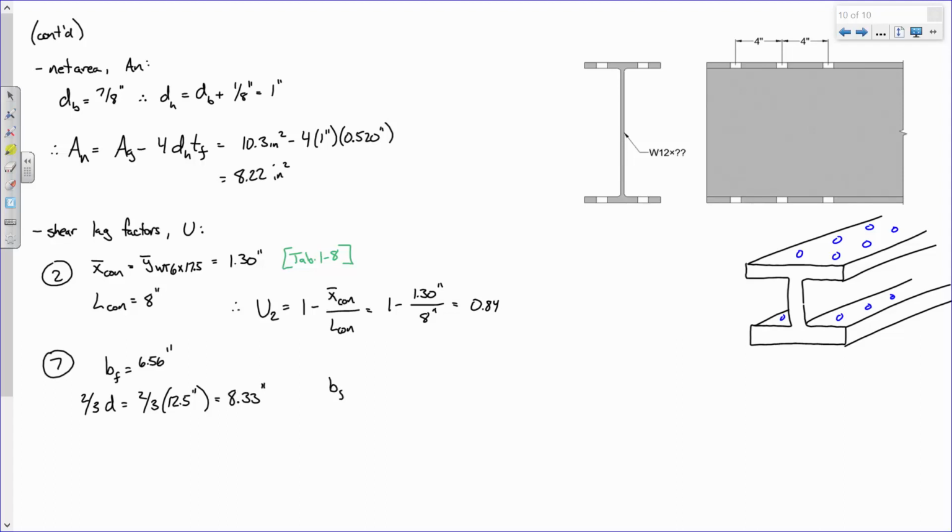So B sub F and 2/3 D, that's greater. So U7 is what? 0.85. And which one are we going to use? 0.85. Take the larger of the two.